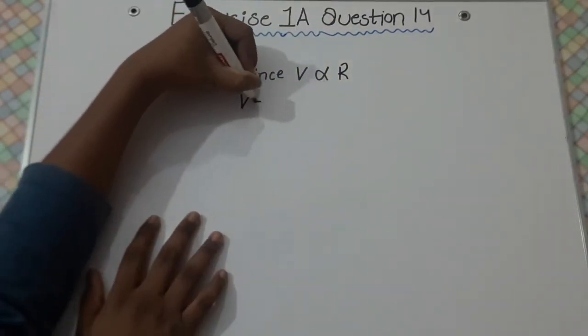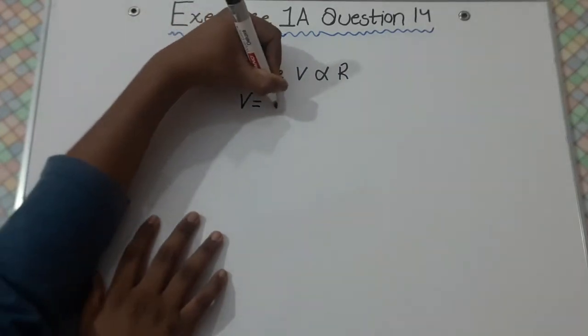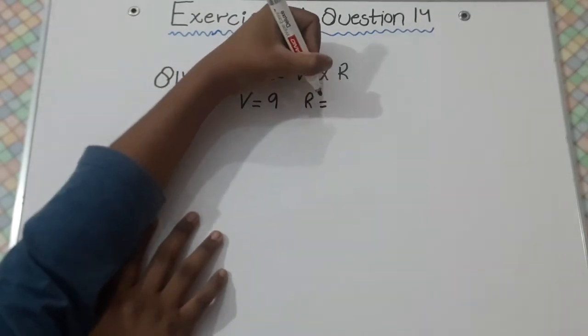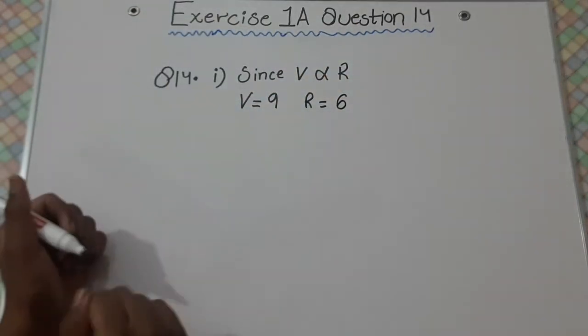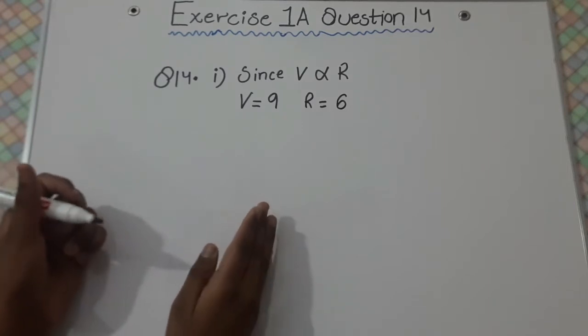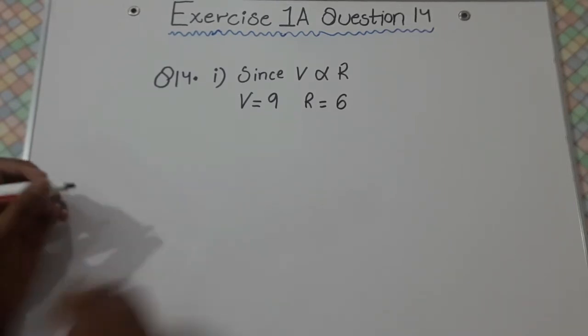One is for V, which is 9. For R, we are having another value which is 6. So first of all, as usual, we have to create an equation which we are going to follow, and then we are going to follow this equation to the next parts to solve those.